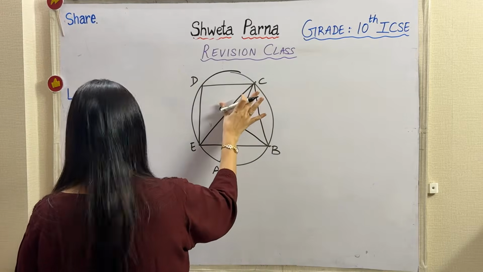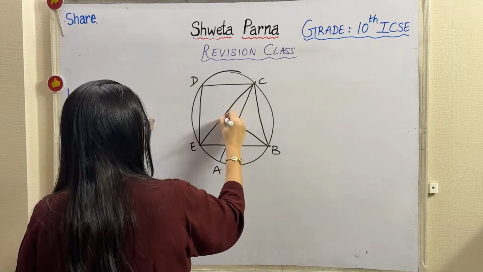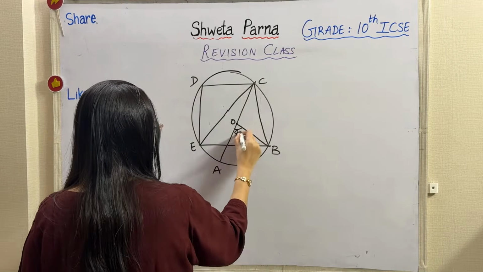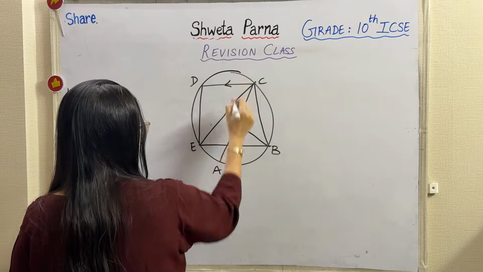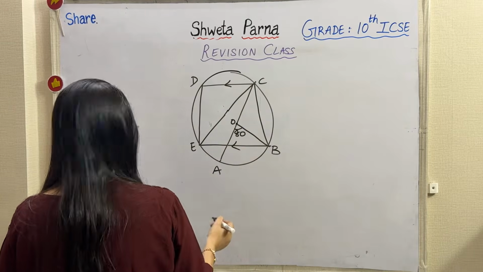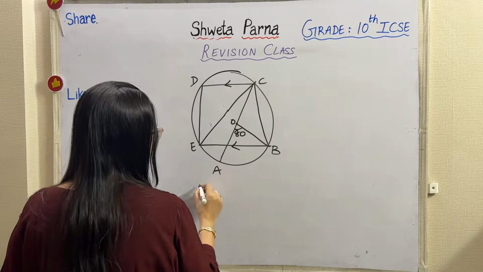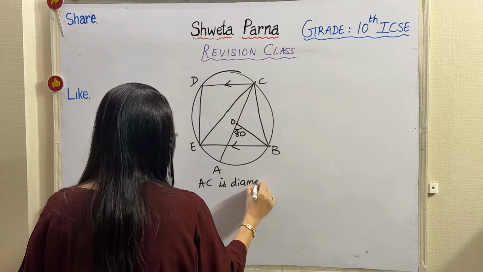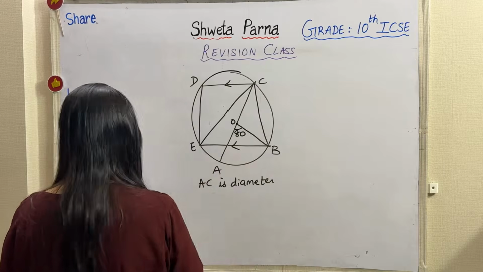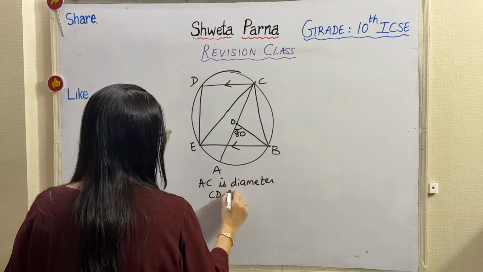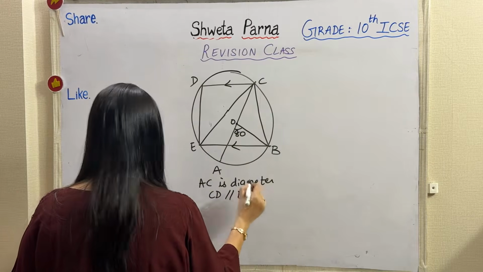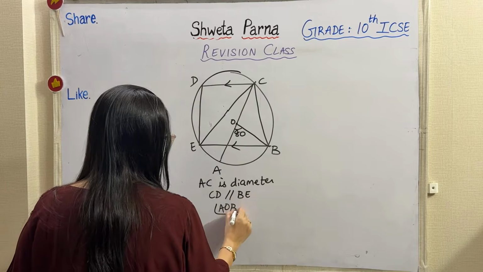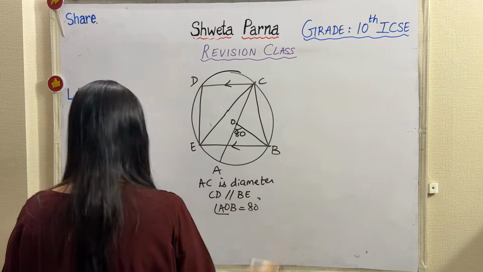Instead of this O, the center maybe it's here, and this is 80 degrees. These two lines are parallel to each other. The information given is AC is a diameter with center O. Then CD is parallel to BE, that is given, and angle AOB is equal to 80 degrees.